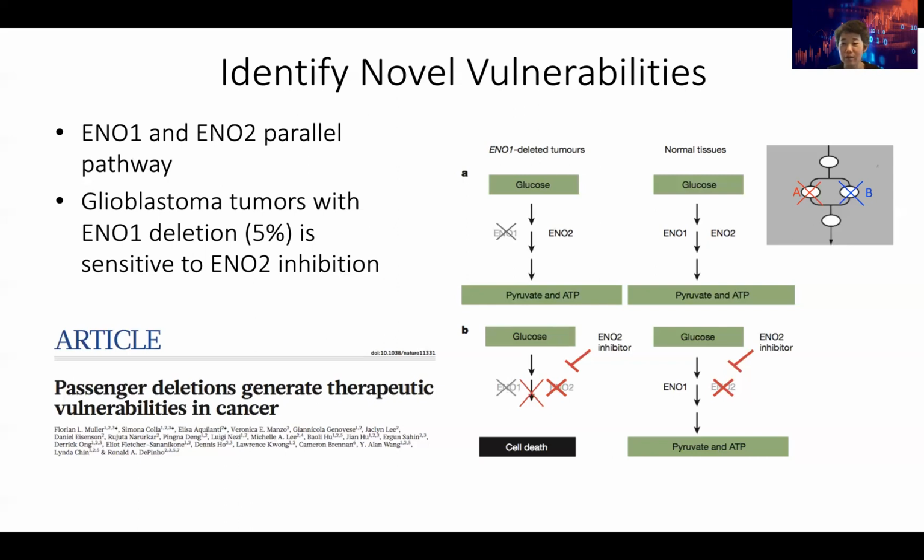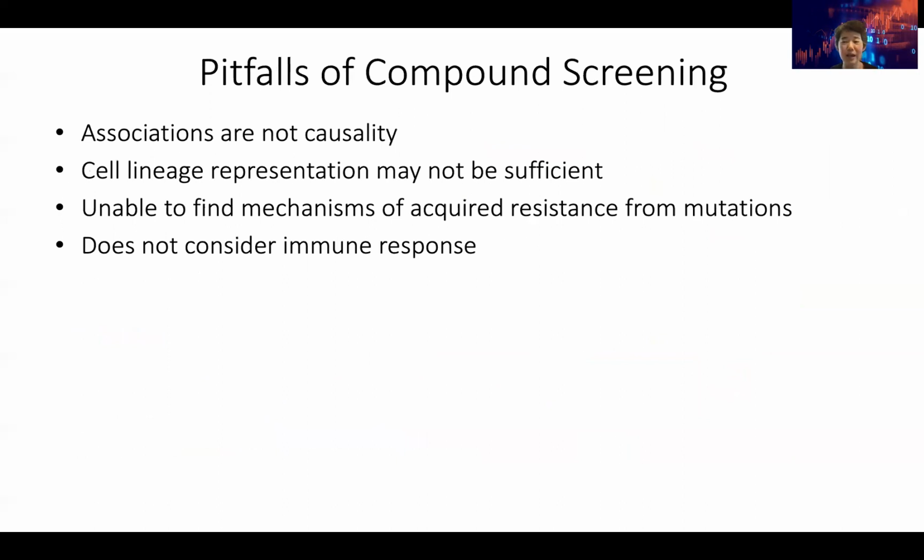And so the ENO2 inhibitor would work really, really well. If, from enough glioblastoma cancer cell lines, we can identify mechanisms like this, then model systems are very important.